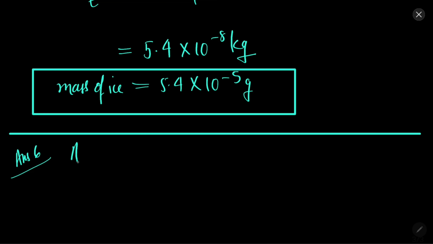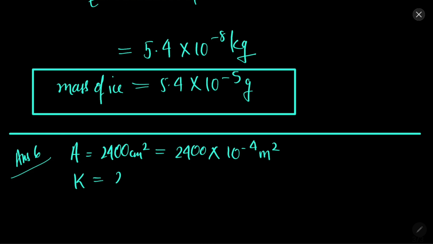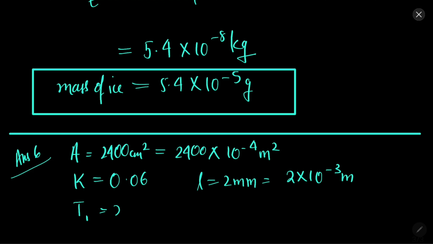Sixth one, area is given. K is given, length is given. T1 is given, T2 is also given.